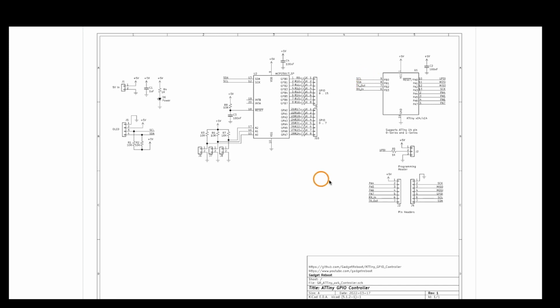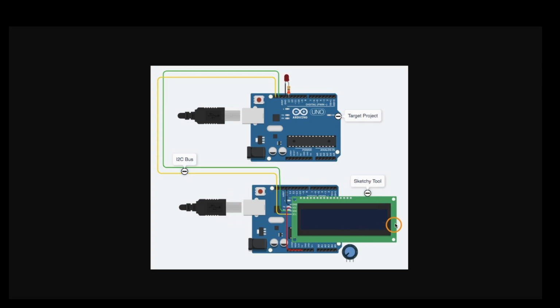And then I'll just have a rotary encoder and its push button connected up to other GPIO, and all of that is represented by this bottom circuit here. So I make changes, press the button, the data gets sent over I²C and controls a sketch on a target project.